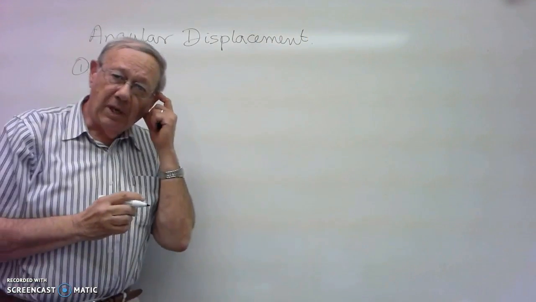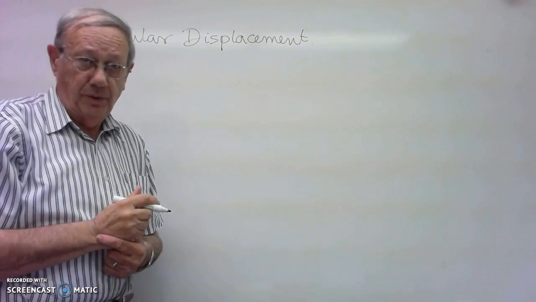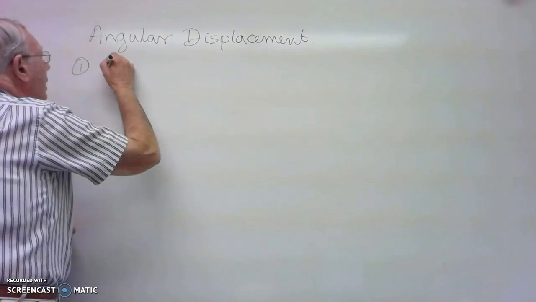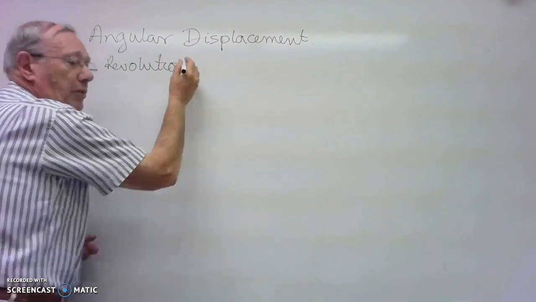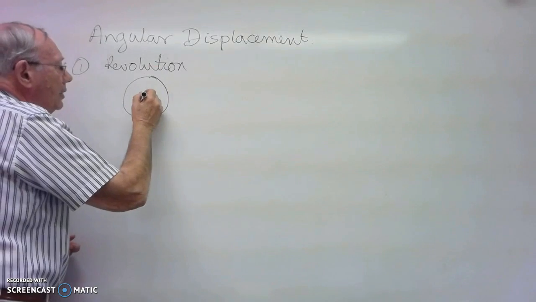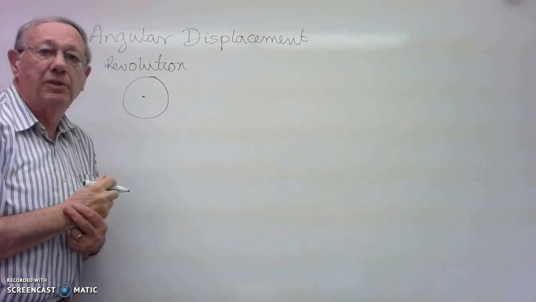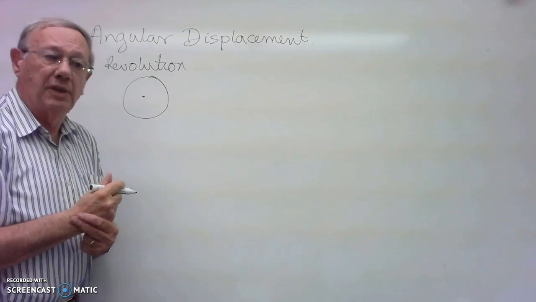First of all, we can measure it in terms of revolutions. So when we're talking about that, we're talking about how many times it spins around. We can also measure this in terms of degrees.